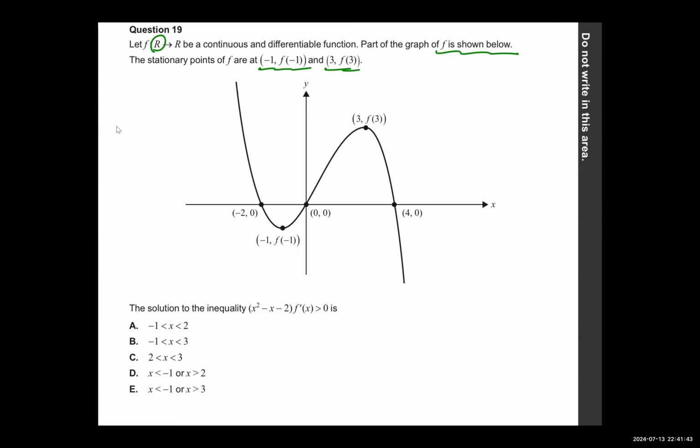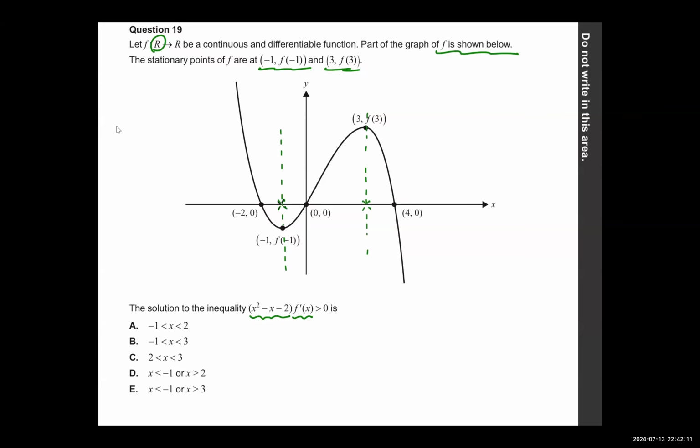The question actually wanted you to find the solution to the inequality x squared minus x minus 2 times f dash of x is greater than 0. So where is f dash of x greater than 0? What I can do here is first locate the turning points. This is at -1. This is at 3.